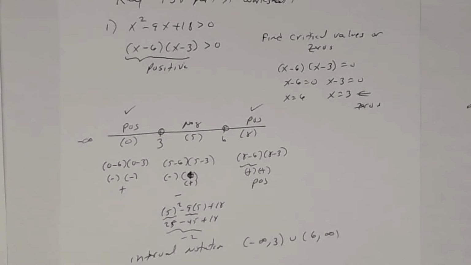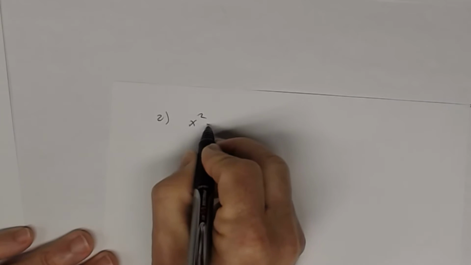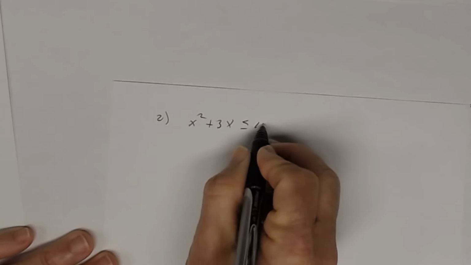Okay, number 2. So in number 2, we have, let's see, x squared plus 3x is less than or equal to 10.